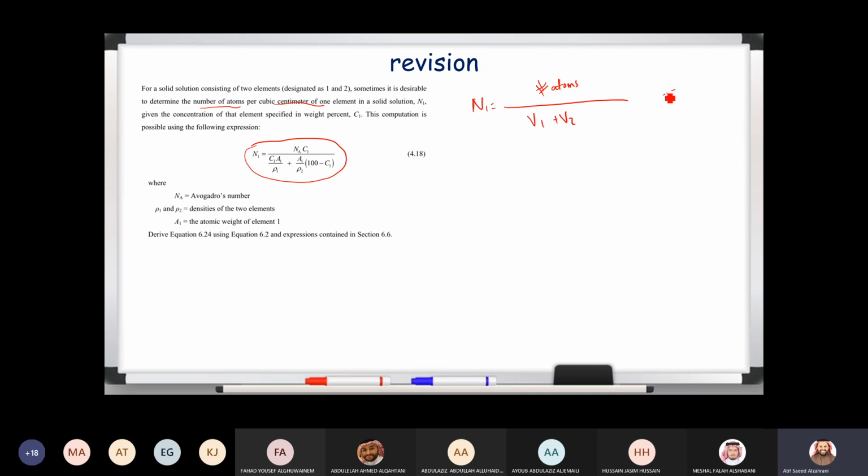So the number of atoms is equal to Na times N1, which is the number of moles. And also this one is equal to Na times the mass over the atomic weight. So we can substitute in this case N1 is equal to M1 over A1 times Na.